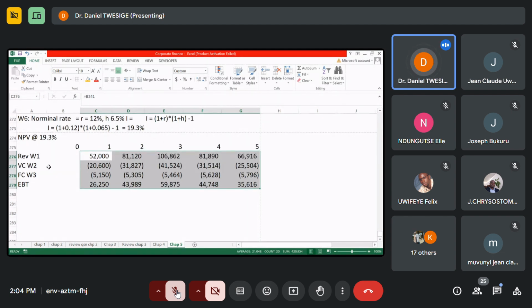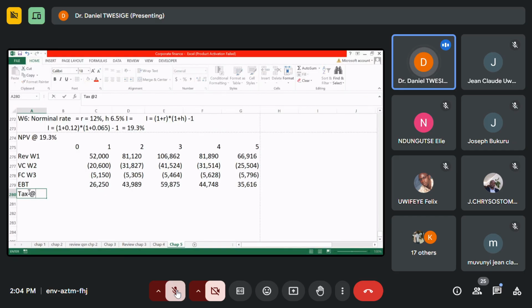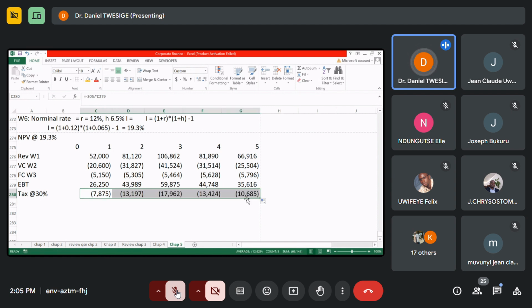So my tax at 30%, I get this times, let me put a minus 30% times this. Because we are paying it in the same year, it's accruing in the same year. So I will have this as my tax.